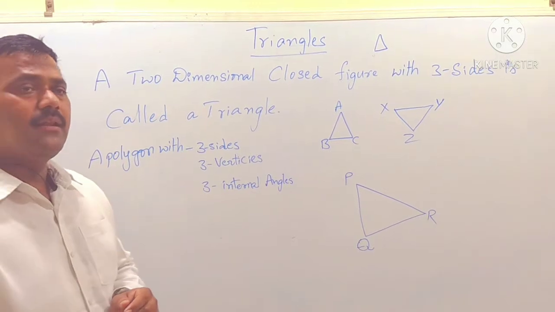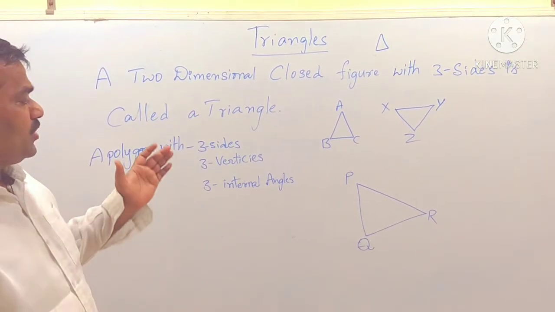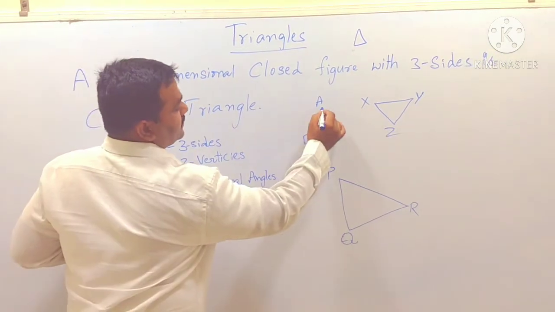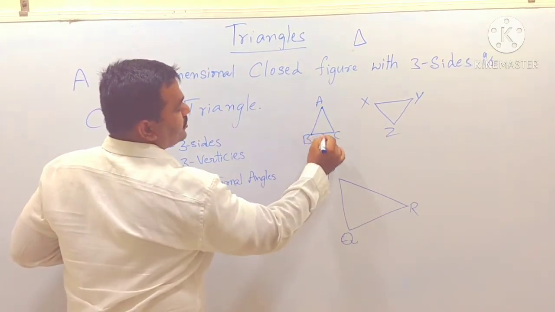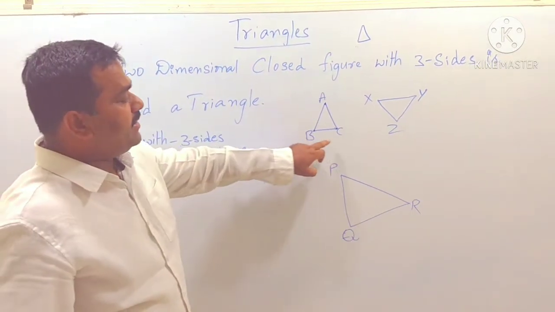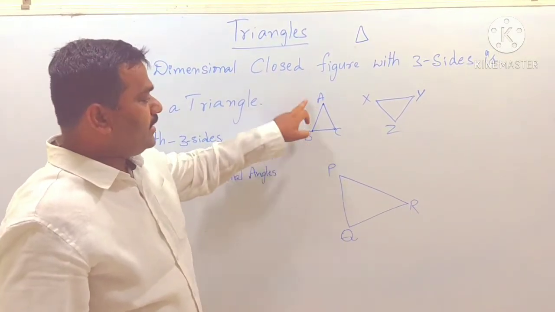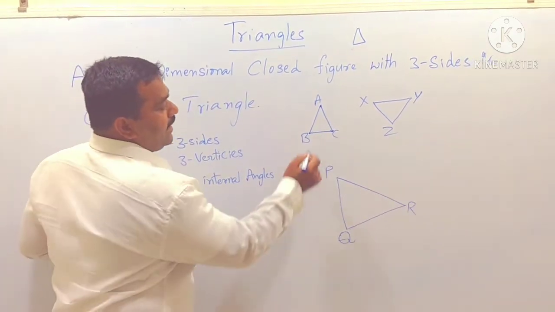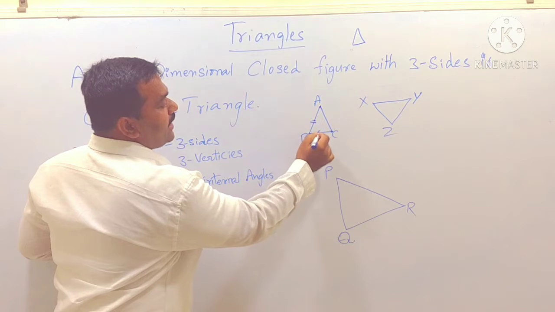In a triangle, we have three parts. First, three vertices: 1, 2, 3. This is triangle ABC. In this one, we have three vertices and three sides.